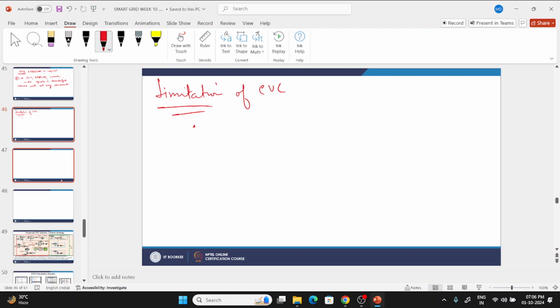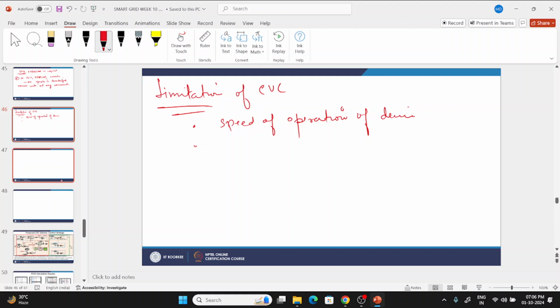I will write it here: speed of operation of devices only. Another thing is that all the fast acting devices are considered for injecting power simultaneously.